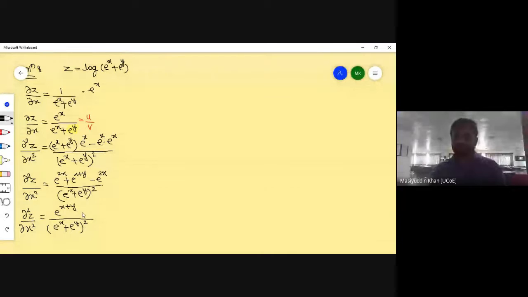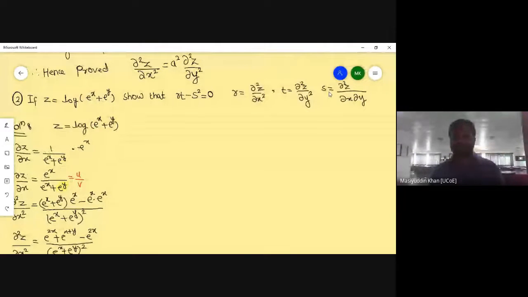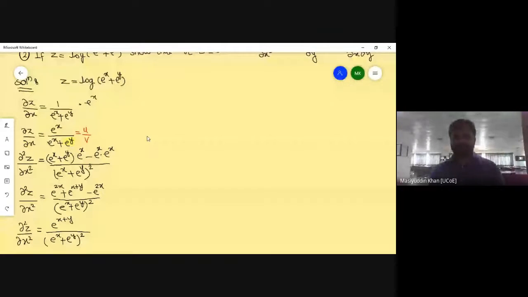Now we have to find more differentiation here, because in the question it is clearly mentioned we have to find s and t, or t and s. So this is our part.